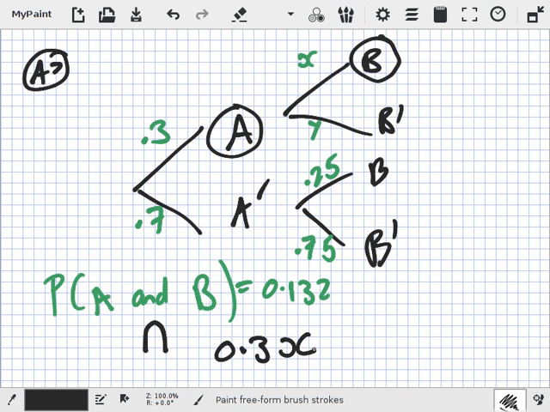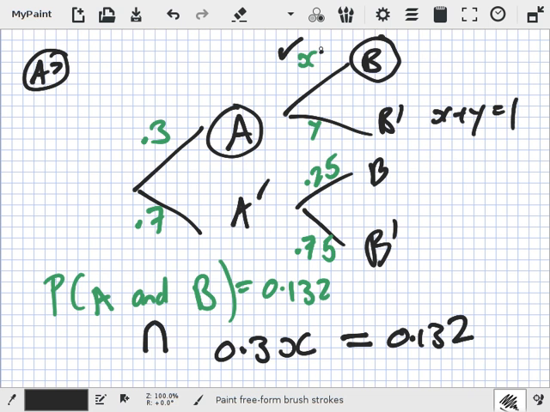That's 0.3x. That should equal 0.132. So we need to know that. And if you know x, can you know y? How do I get y? Come on, I think you know. If I find x, how do I get y? x plus y equals 1.